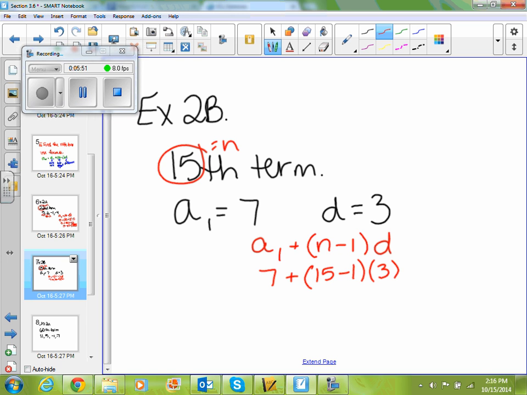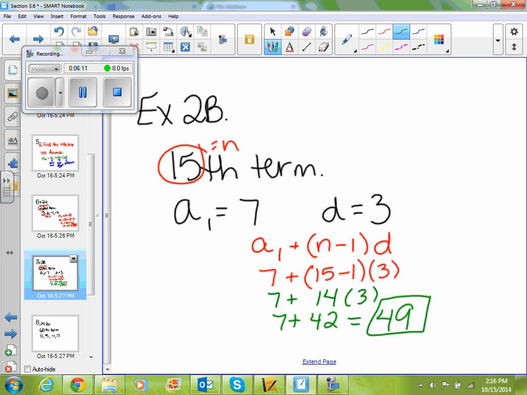Everything sort of falls into place. What's 15 minus 1? 14 times 3 is 42, so 7 plus 42 is 49. So my 15th term would be 49.